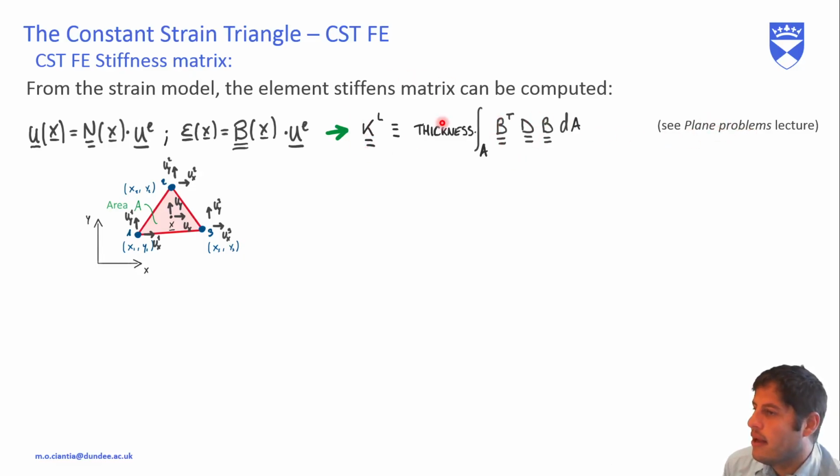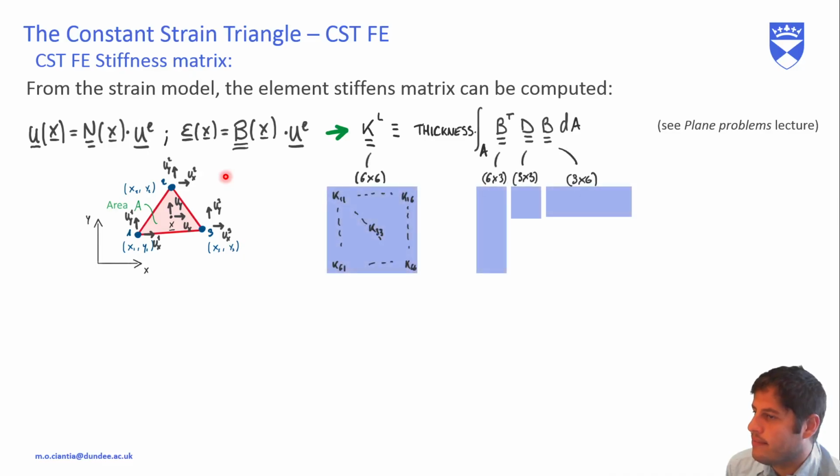We know that the stiffness matrix of the element K^e is the thickness times the integral of B^T D B, okay? And so we can then calculate its dimensions. Since B is a 3 by 6, D is a 3 by 3, and B transpose is a 6 by 3, then K will be a 6 by 6.